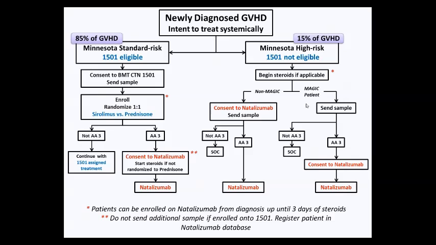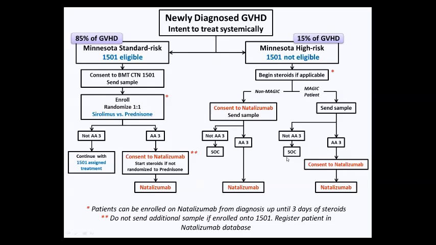Then if it's a MAGIC patient, you send a sample, do your email, communicate. And number 3, consent and natalizumab. If the patient wants to be on natalizumab, not number 3, standard of care. Why? Because they are not 1501 eligible, right? So they cannot go back to the other arm.